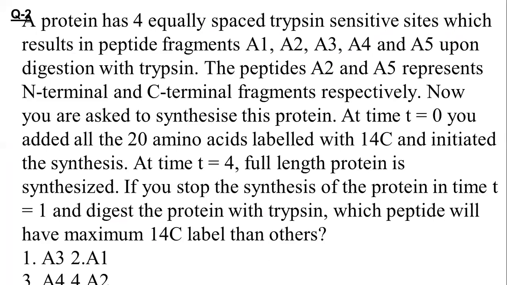Now you are asked to synthesize this protein. At time t equal to 0, you added all 20 amino acids labeled with C14 and initiated the synthesis. At time t, the complete protein is synthesized.